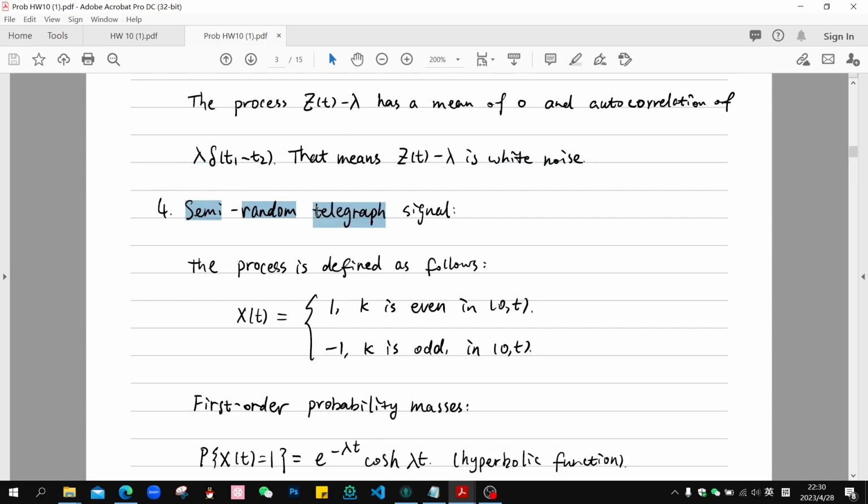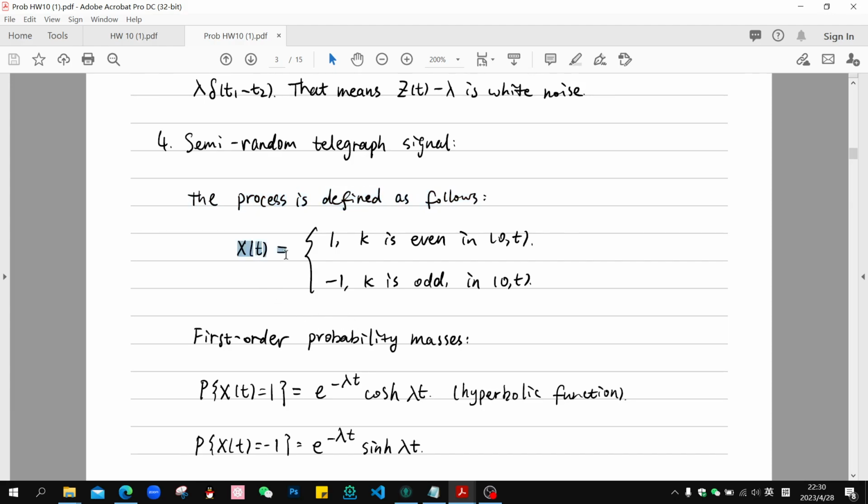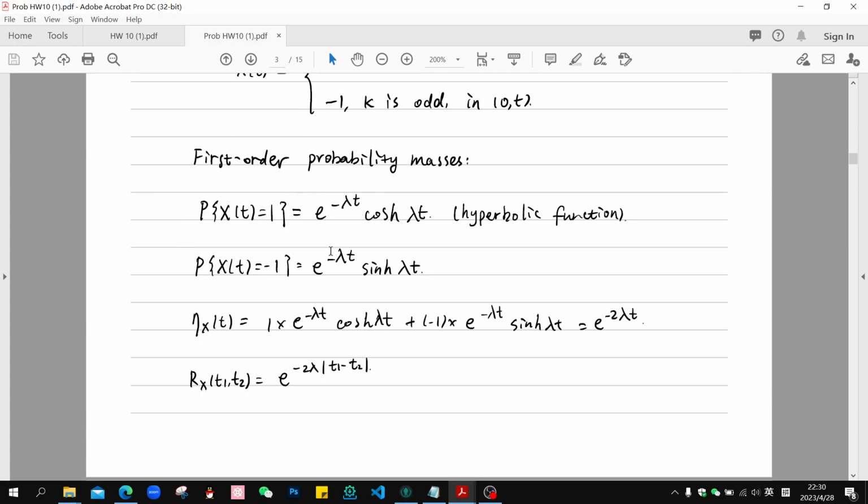And the semi-random telegraph signal is the next process. The process is defined as follows. x(t) is 1 when k is even in (0, t), and x(t) is minus 1 when k is odd in (0, t). The first order probability masses are e to the power of negative lambda t times this and that, to be respectively 1 and -1.